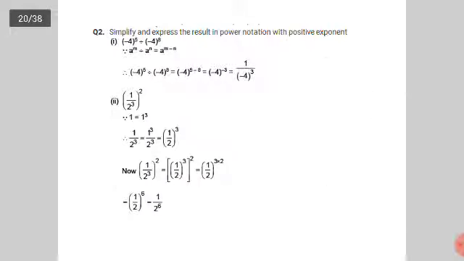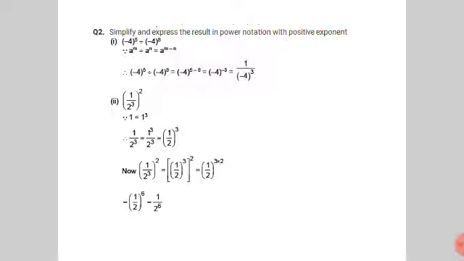Next one: simplify and express the result in power notation with positive exponents. (Minus 4) the whole power 5 divided by (minus 4) the whole power 8. Division means the base is the same, and divided means subtract the exponents. The law of exponents: a power m divided by a power n gives a power m minus n.